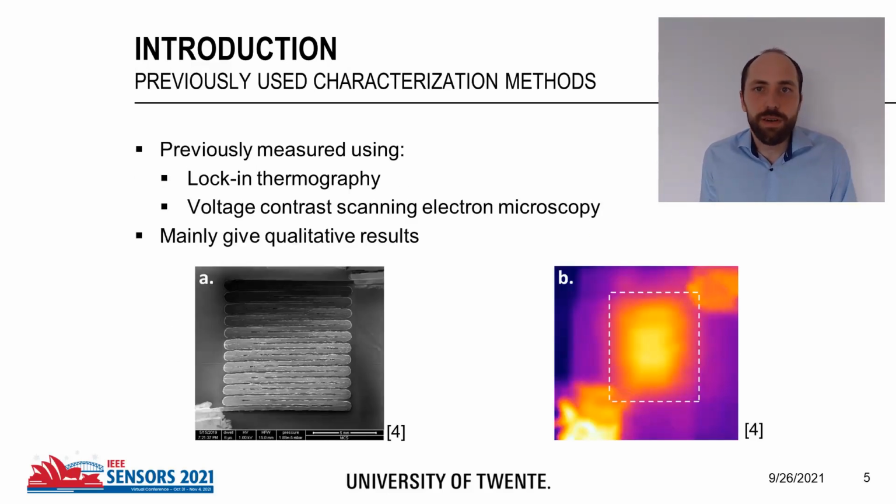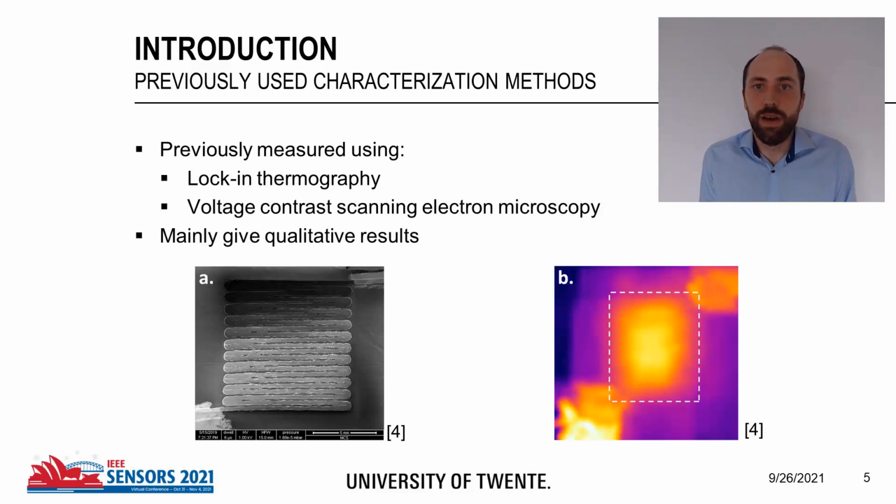And to be able to better understand this, we have previously characterized sheets of 3D printed material using lock-in tomography, and here a current is sent through the sheet and a thermal camera is used to measure the heat that is generated, with the idea that due to the anisotropy, some parts will get hotter than others.